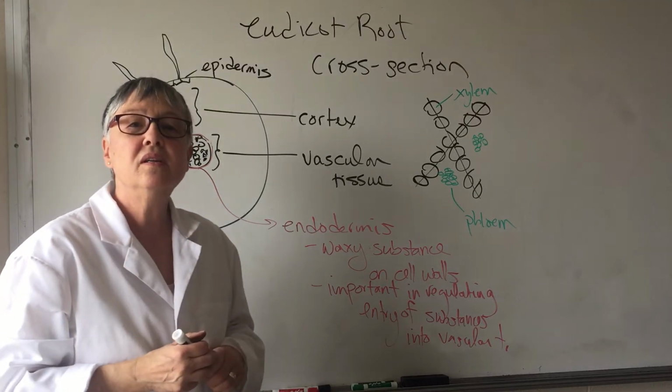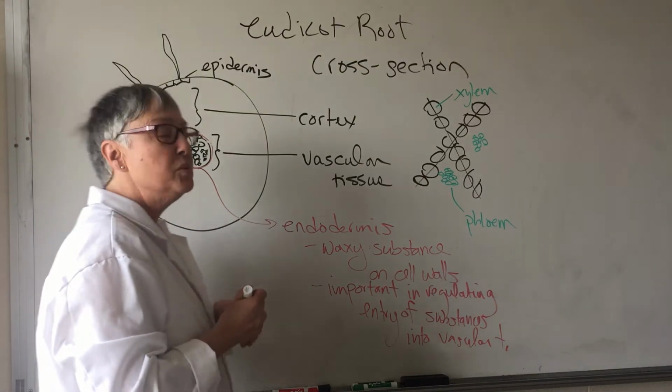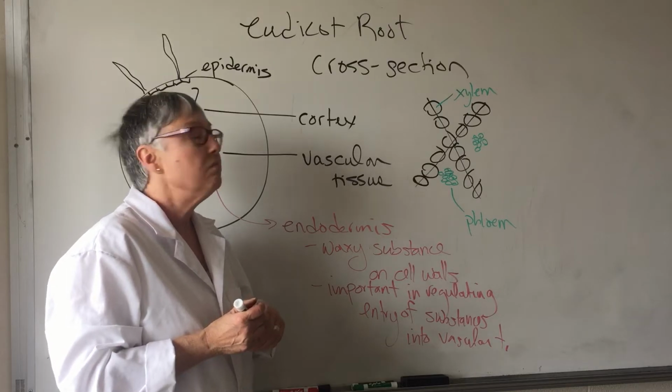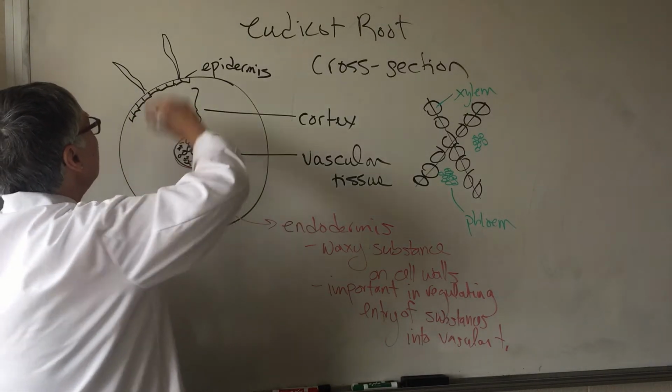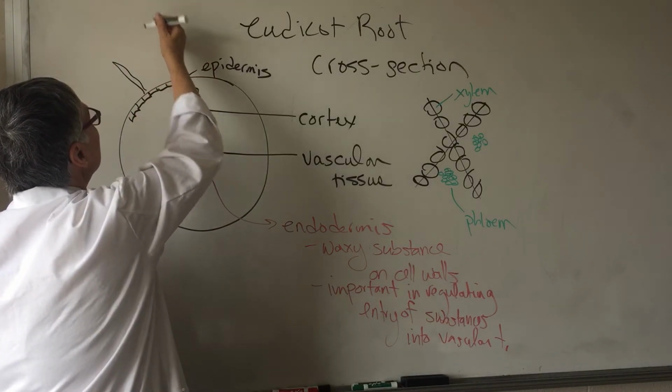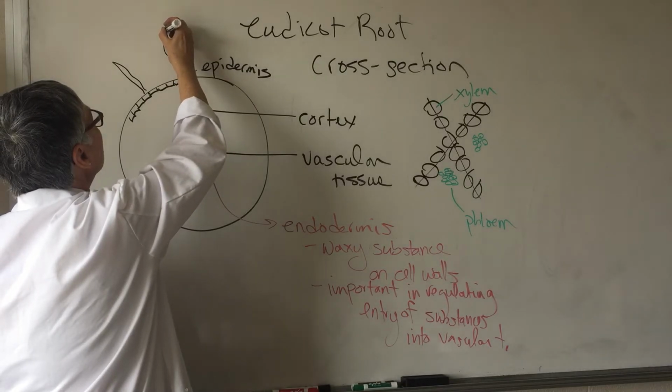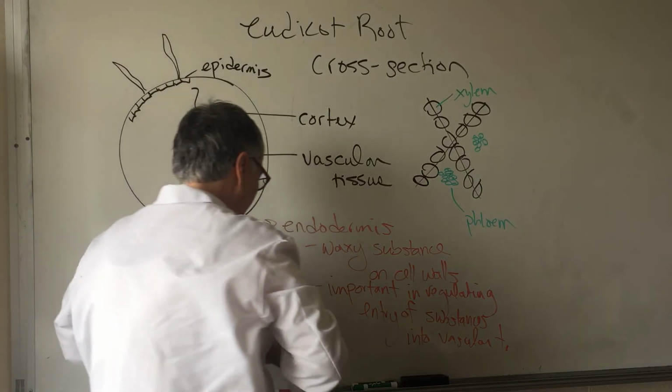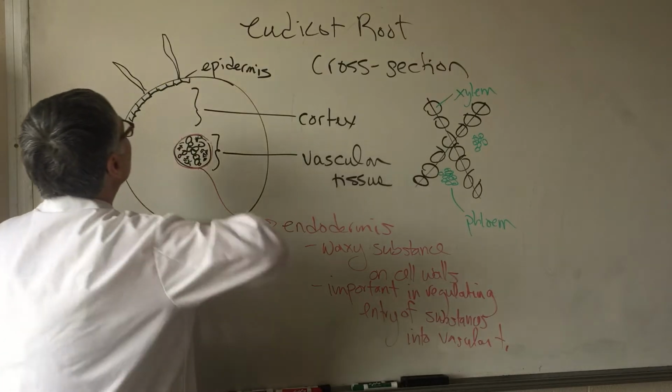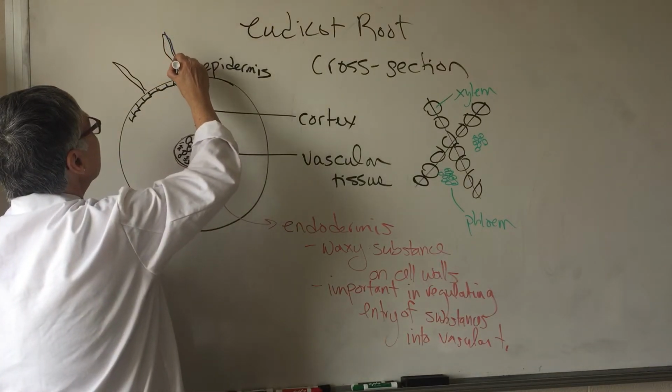Okay, so when water and other substances pass in the root hairs, they mostly move along the cell walls between cells.